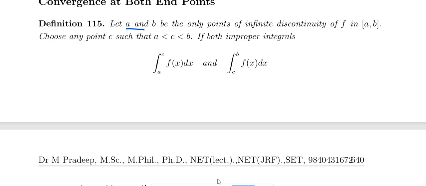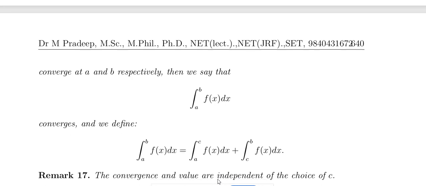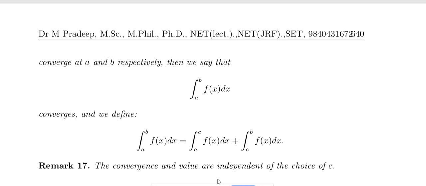Suppose ரெண்டு எண்டுமே infinite discontinuity இருந்ததுன்னா, and C is any point in A to B. So both the integrals A to C f of x dx and C to B f of x dx ரெண்டுமே improper integrals. Okay, ரெண்டுமே important, ஏன்னா ரெண்டு எண்டுமே infinite discontinuity, converges at A and B respectively, then we say that integral A to B f of x dx converges அப்படின்னு சொல்லலாம்.